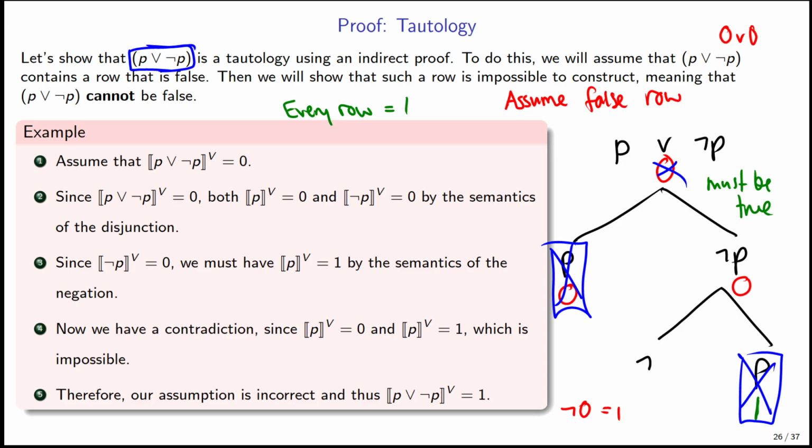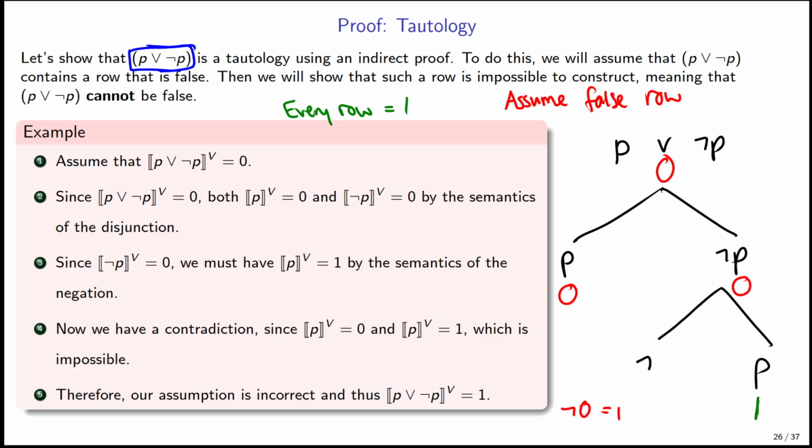So I'm going to do the same proof with words. I'm going to clean up this mess a little bit over here, try to just get rid of the blue marks, so that way we can sort of see the tree. Okay, so what we do is we first assume, because we want to prove a tautology, we're going to assume the opposite.